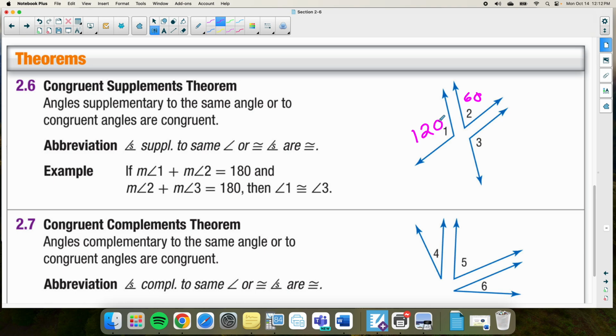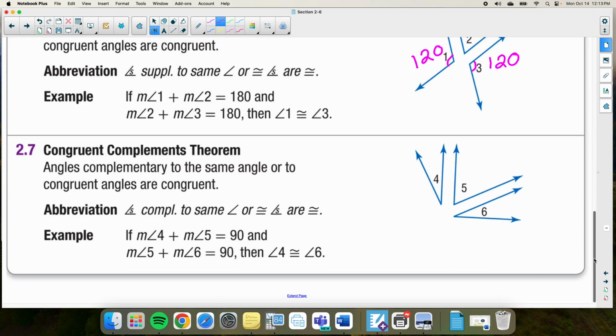Then if they also said angle 2 and angle 3 are supplementary, if 2 is 60, that tells us angle 3 has to also be 120. So what this is saying is if you have two angles supplementary to the same angle, the only way that's going to happen is if these two angles are equal, okay?